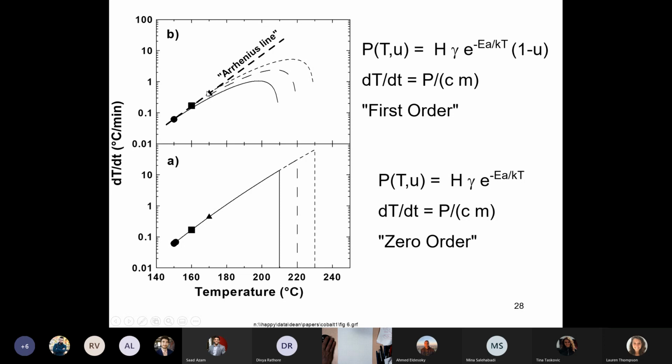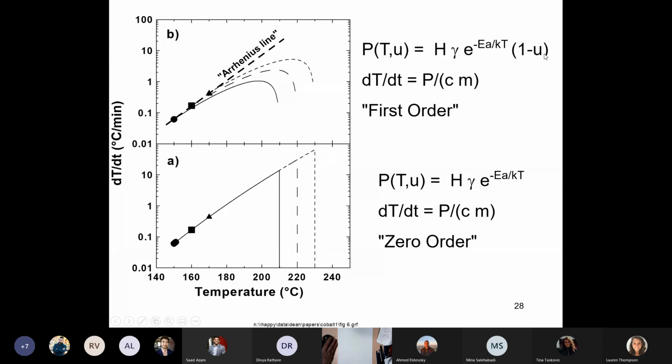And over a narrow temperature range, plotting the self-heating rate on a logarithmic scale versus linear temperature falls almost on a straight line. So the point is that these curves fall to the right and below the starting point of an experiment that starts at a higher temperature. That's what happens, because by the time you get up to this temperature, you've lost some of the reactants. Some of the reactants are gone.